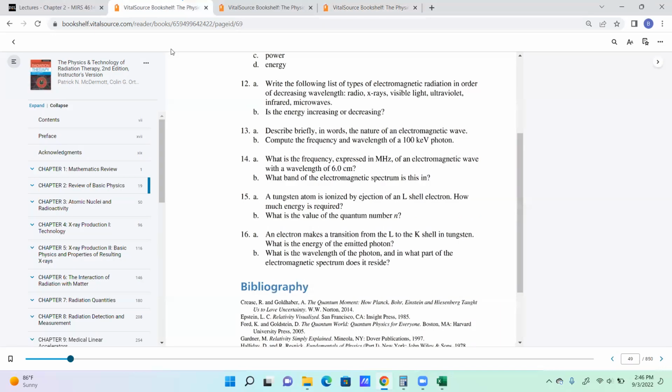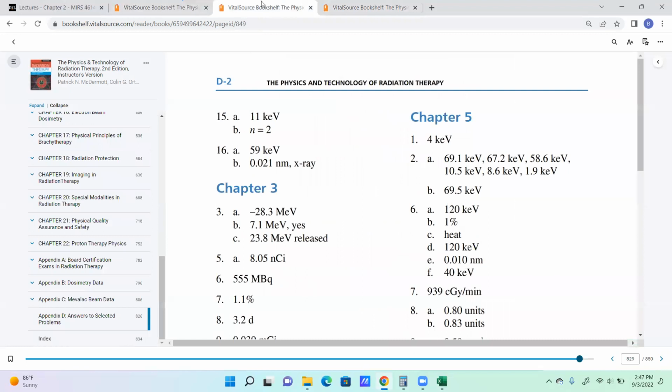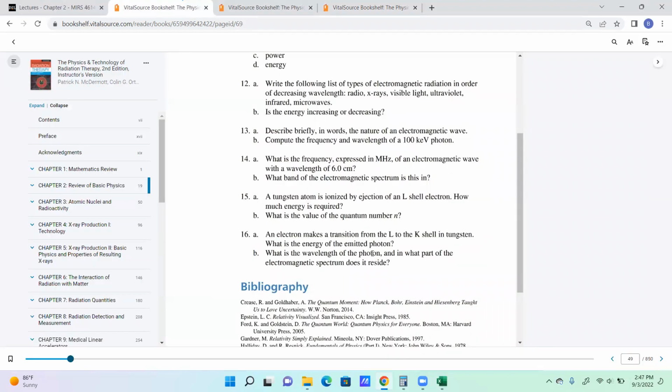Basically it's pulled from the L shell into the K shell. It took 11 keV to hold it here. Now it's going to take 70 keV to hold it here. So when that happens, the energy difference between the two is what is going to be transmitted to the emitted photon.